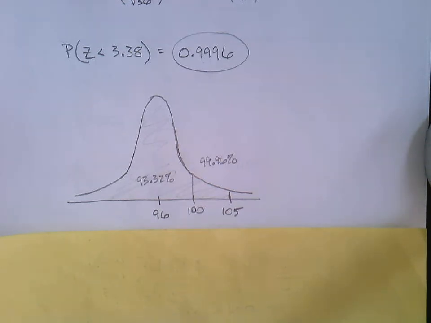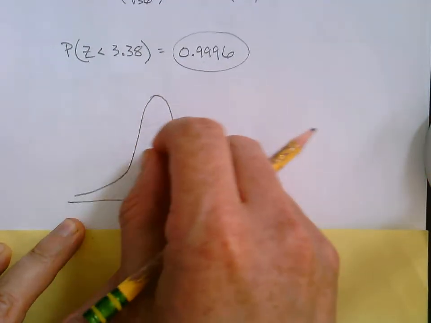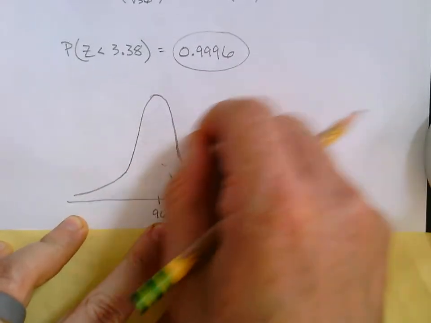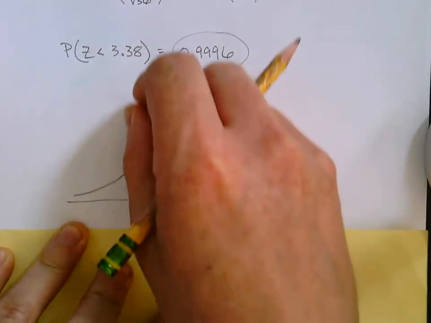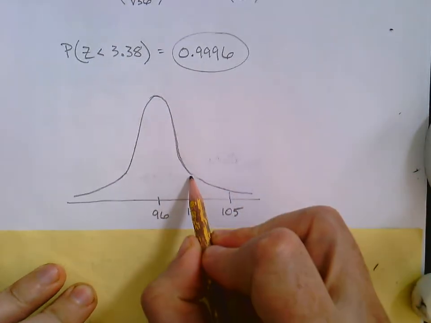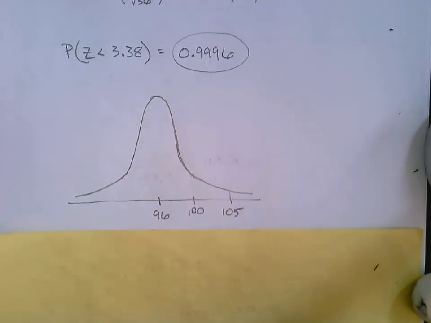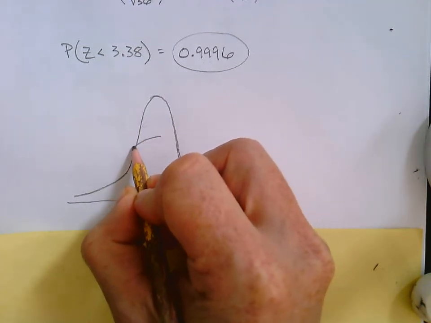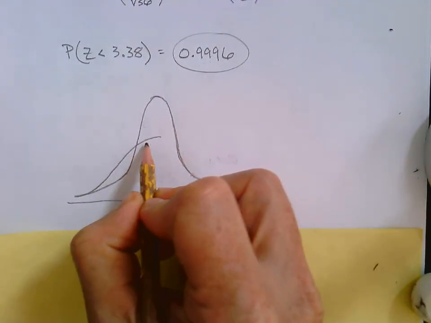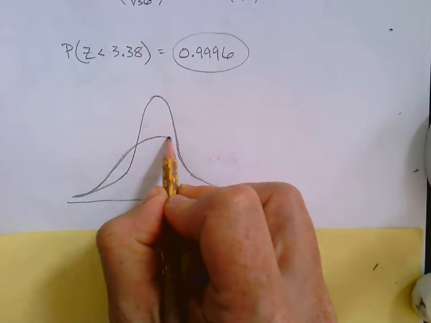So what happened? When we use the central limit theorem, when we find all of these sample averages, what happens is, let me get rid of what I've drawn here. Okay. What happens is the original bell curve, like maybe the original bell curve for the original data, would be doing this, right? That's how we usually draw it.